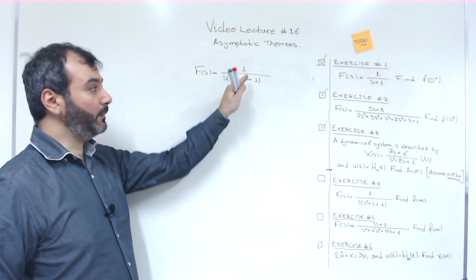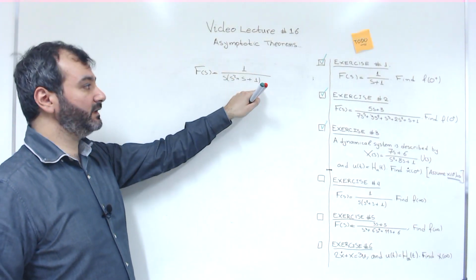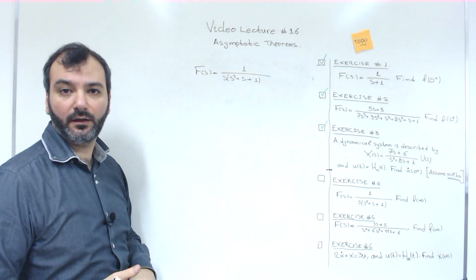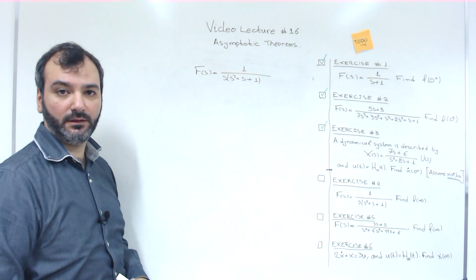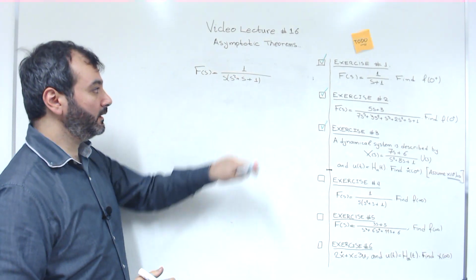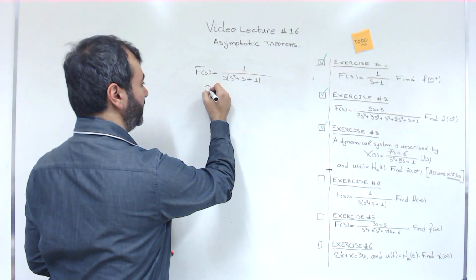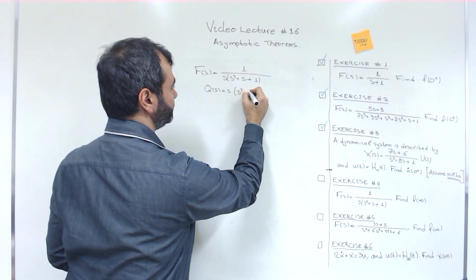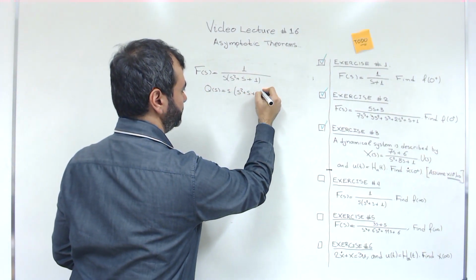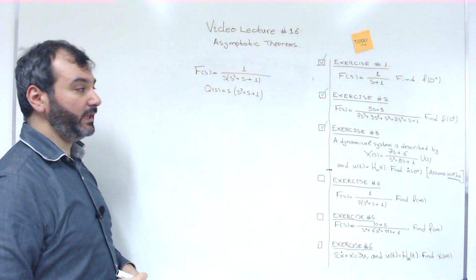Here we have a polynomial of degree 1 divided by a polynomial of degree 3. This is degree 2 times degree 1, degree 3. What is Q? What is the denominator? What do we have here?